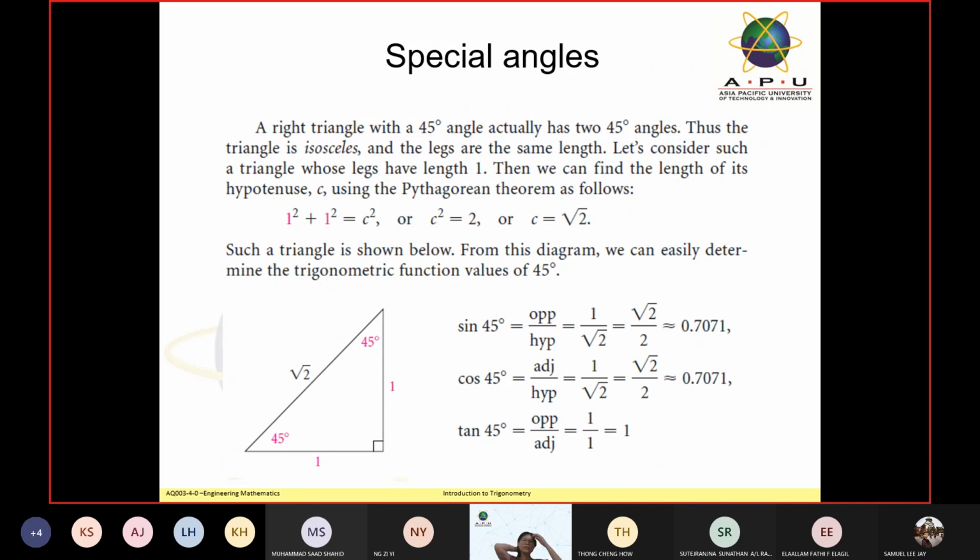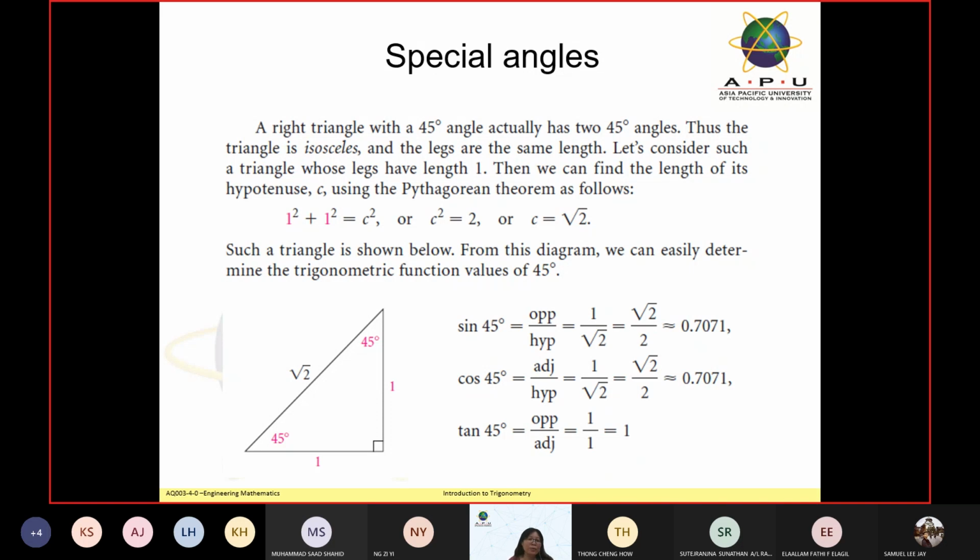We try to go through the trigonometric for some common angle, which is 45 degree. And we will also go through the trigonometric for the 30 degree and 60 degree. So these are some common degrees. Now let's look at the right triangle.